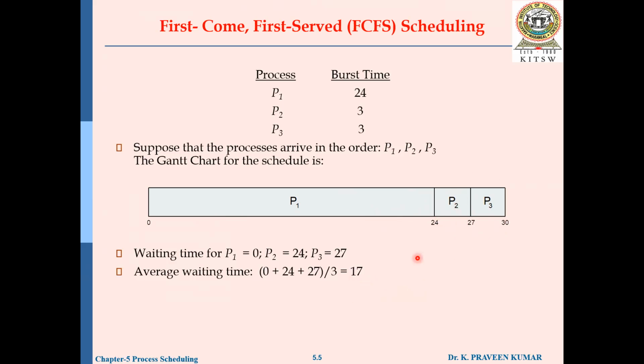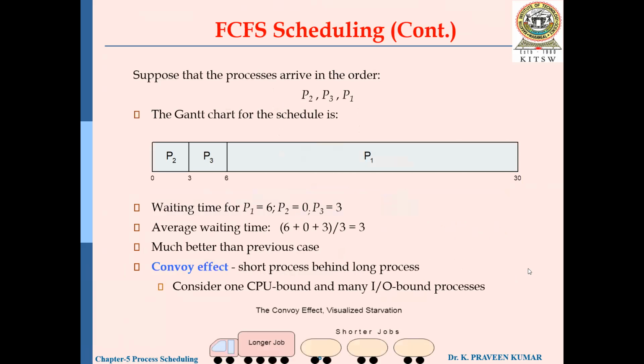By this, we got the average waiting time as 17. These are the individual waiting times. So this is FCFS.